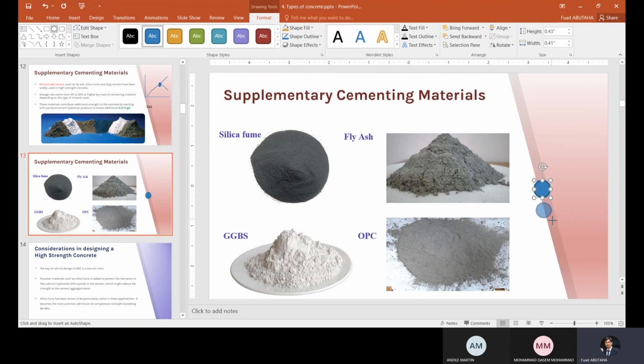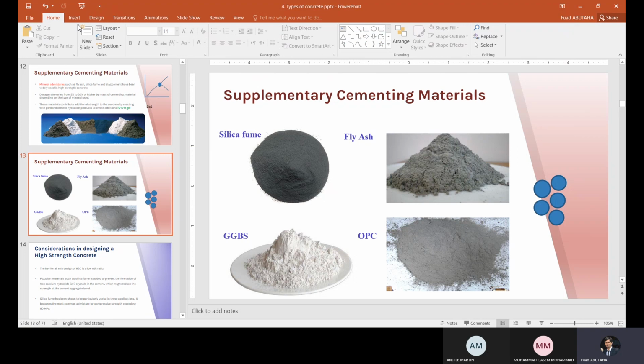I have another one. Particle size here, particle size here, another particle size. This is the particle size of the cement, as an example.